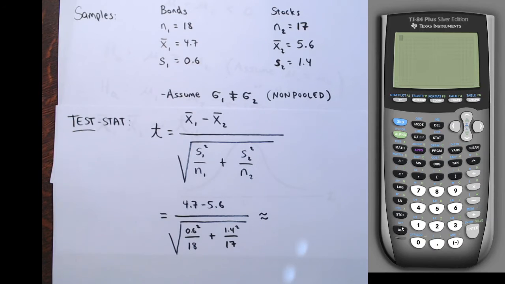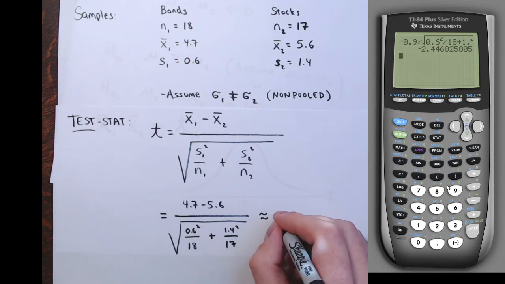The numerator, 4.7 minus 5.6, is negative 0.9, so I'll just put negative 0.9 for the numerator. Then divided by the square root, and make sure all of this is inside your square root symbol. So we have 0.6 squared divided by 18, plus 1.4 squared divided by 17, all under the square root.